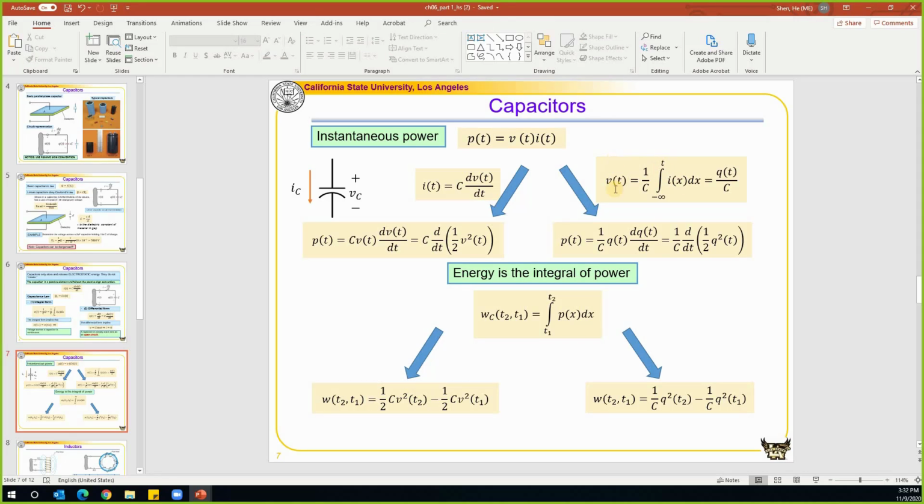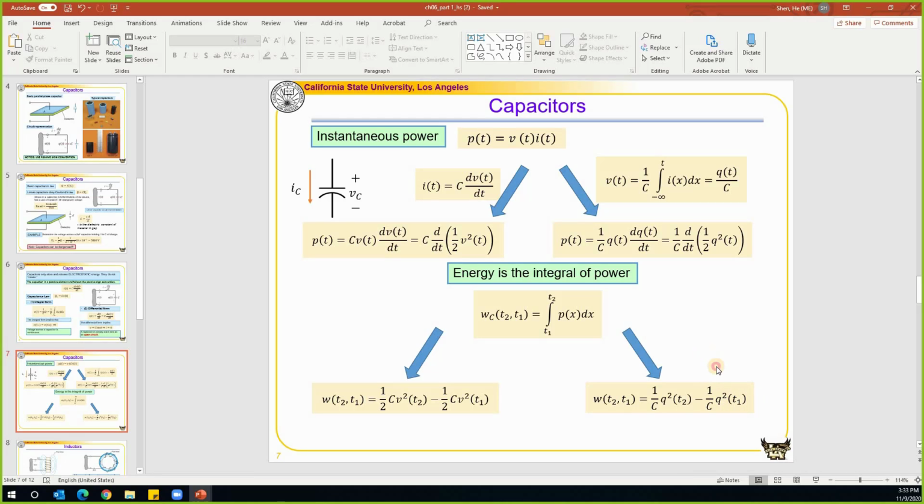And from the right hand side, we know the voltage can be calculated by using this integration form. Replace the voltage term by this integration term, and we get the power can be calculated by using 1 over C times d/dt of half q squared(t). If we do the integration, we can find the energy stored in this device is equal to 1 over C times q squared minus 1 over C times q squared at time t1.